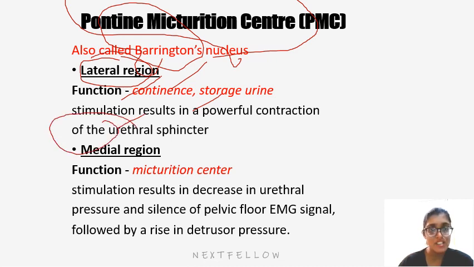The medial region is the micturition center. Its stimulation results in a decrease in urethral pressure and silence of the pelvic floor EMG signal followed by a rise in detrusor pressure. So the lateral region is responsible for continence and storage of urine, and the medial region is responsible for micturition. This is the pontine micturition center.